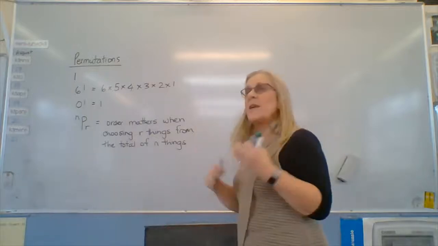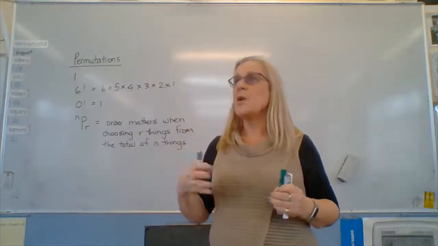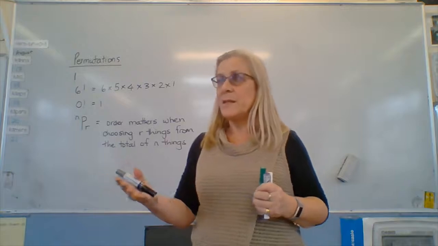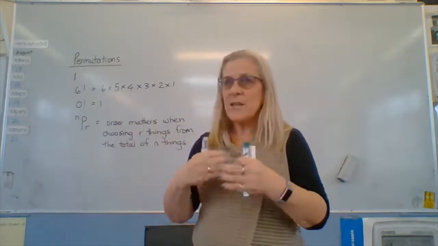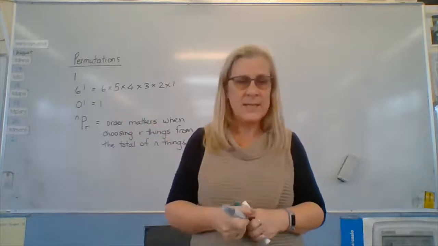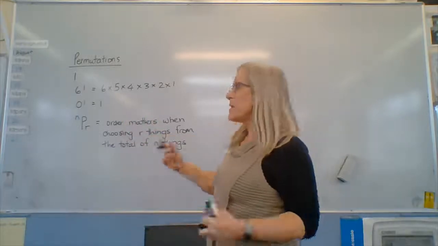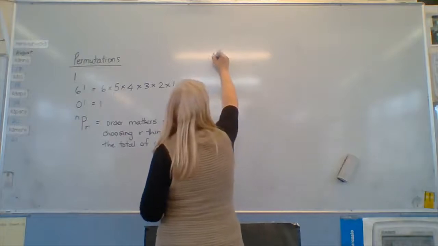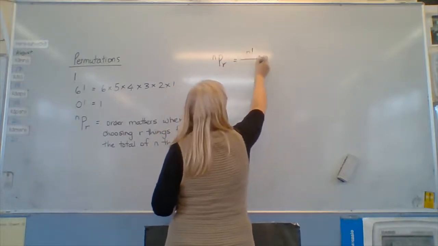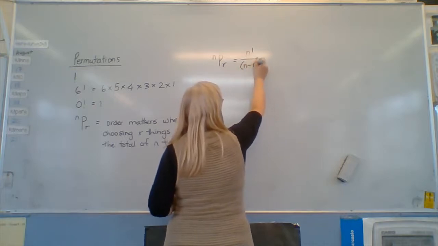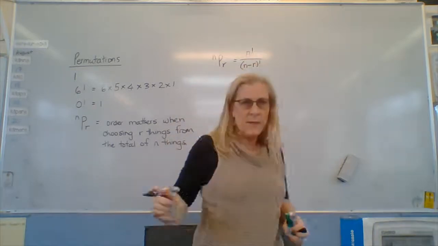Because for every 3 people that I choose, I'm going to have 6 arrangements, and they're going to be part of my permutation set. So this actually has a mathematical formula, and it's n factorial over n minus r factorial.